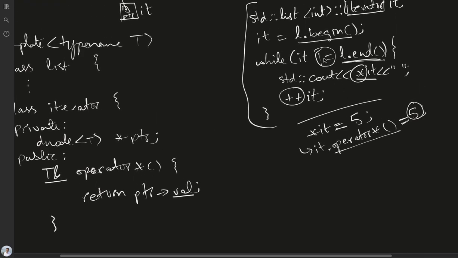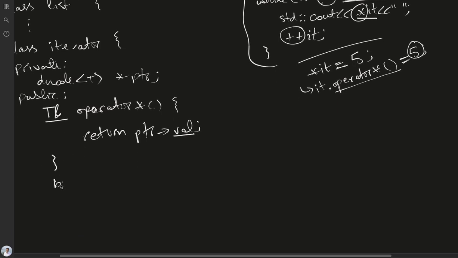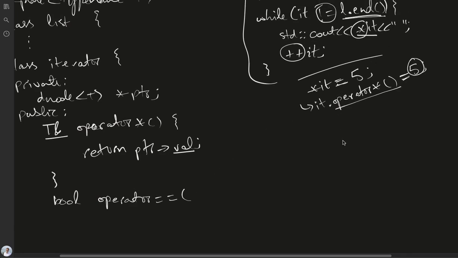And what other operators do we have? We have operator not equal to, equal to. So equal to and not equal to should return true or false. So what happens when we say that iterator is not equal to L dot end? We have iterator objects on both sides of the operator.